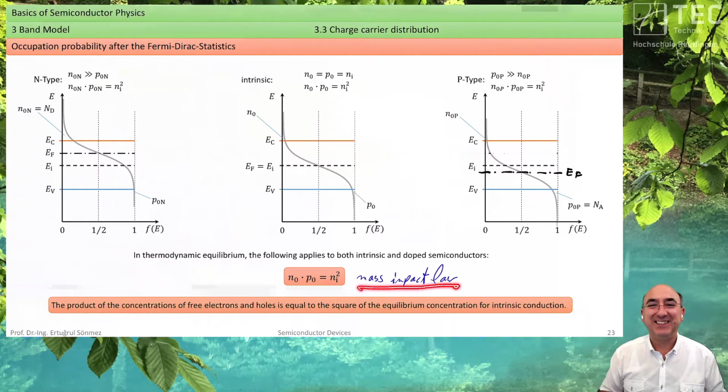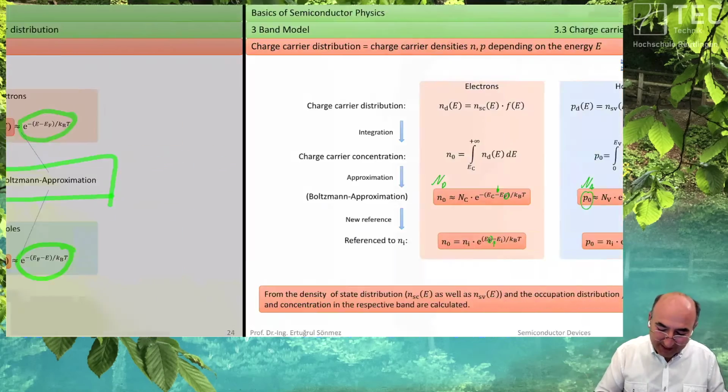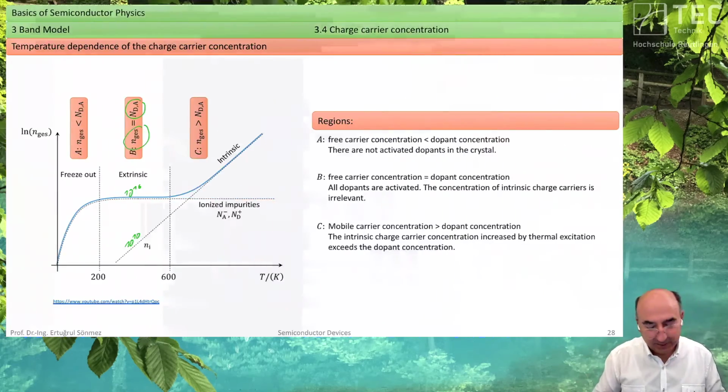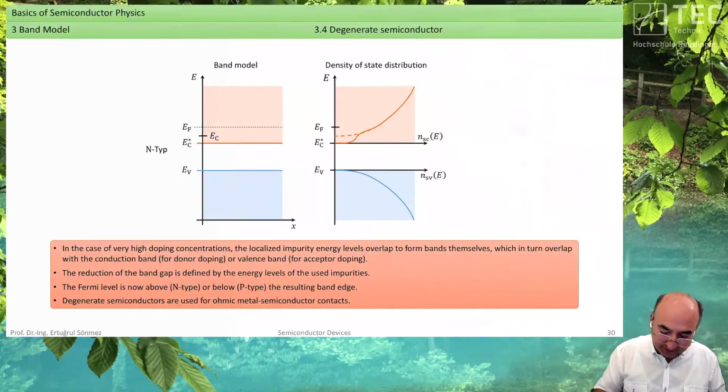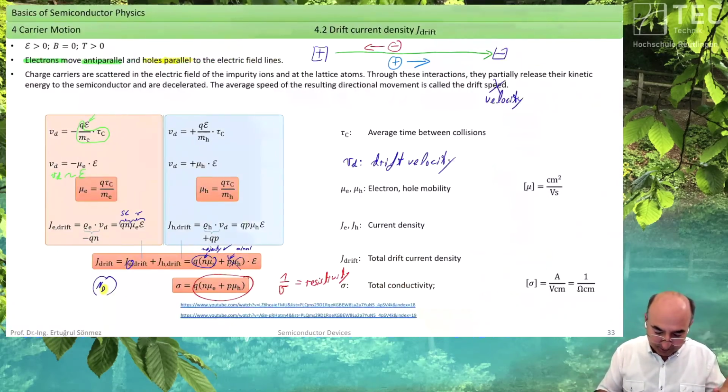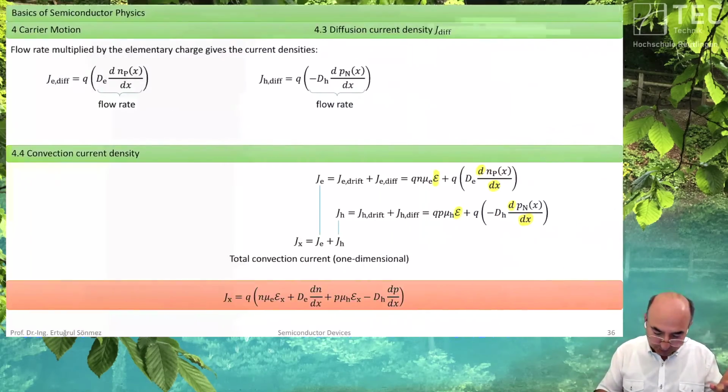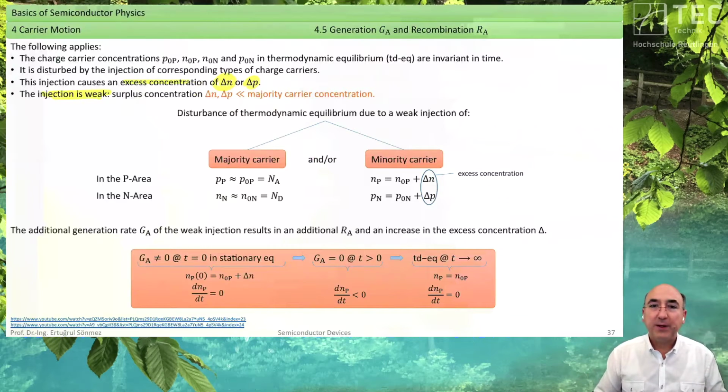Yeah, mass impact law. Thank you. So the mass impact law defines the relation between the majorities and minorities. The majorities are caused by doping, and the minority carrier concentration is the result of the doping.